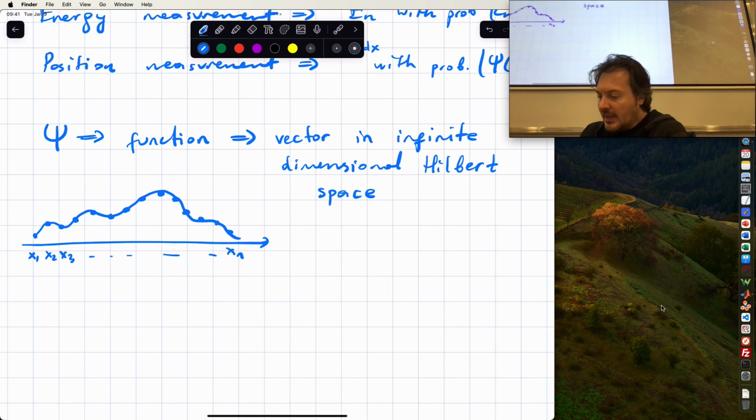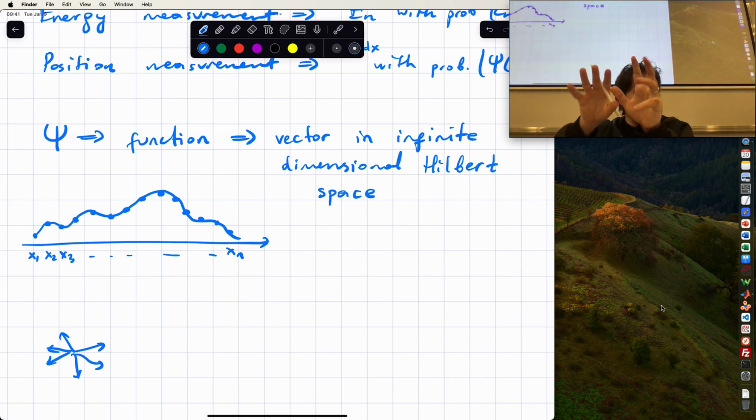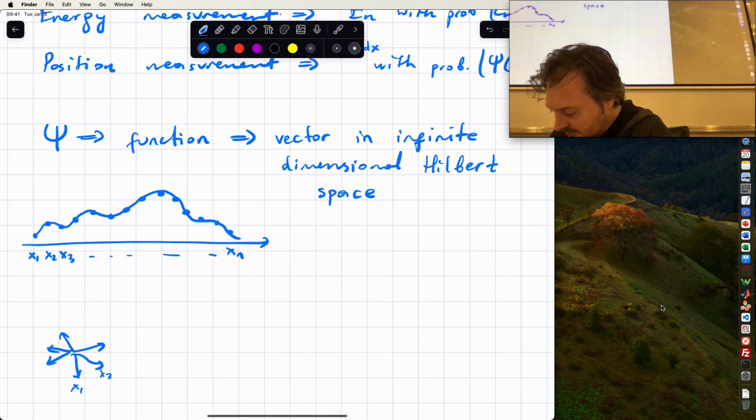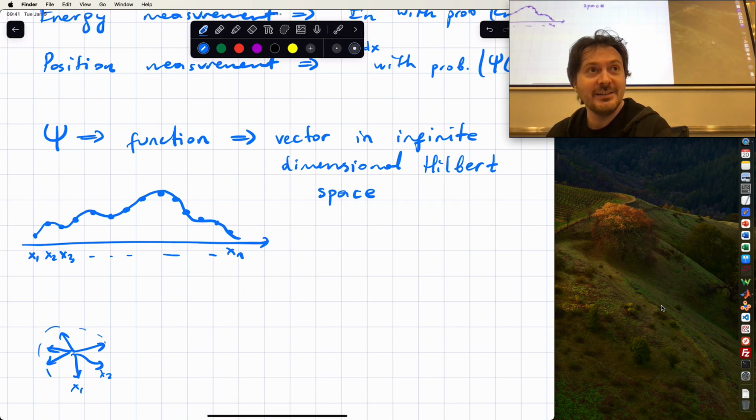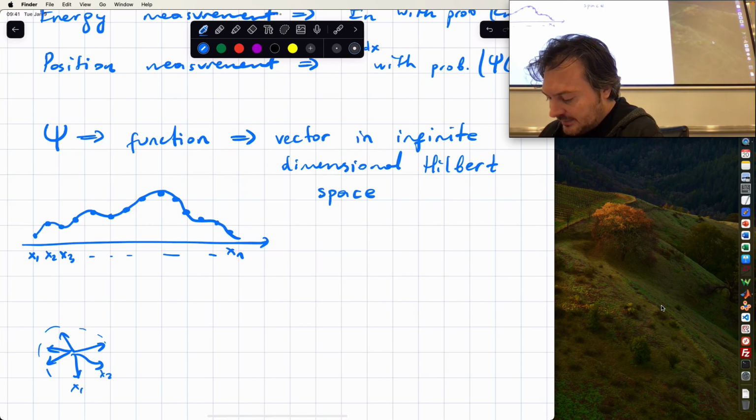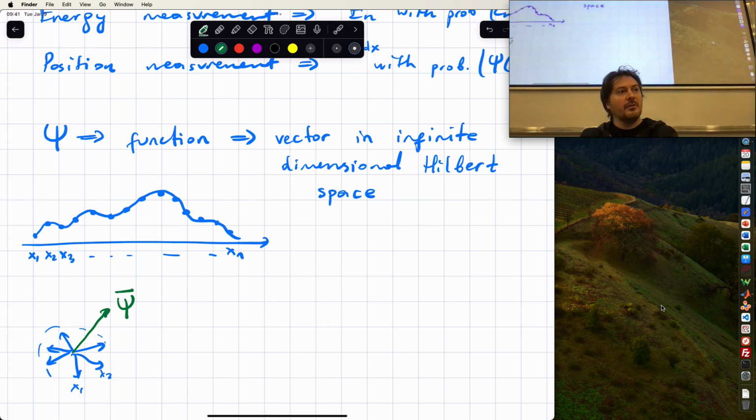Then you have finite dimensional, but they all have to be perpendicular to each other, these x1, x2, x3s. I cannot draw that. And then in that space, there is this psi, pointing at a certain direction.